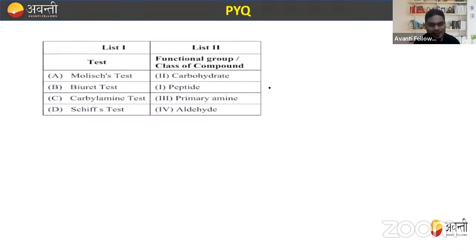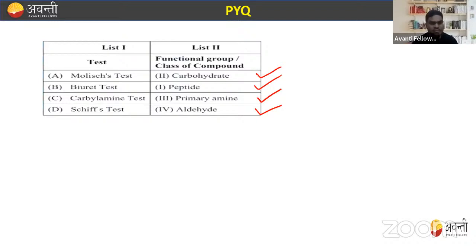We know that the carbylamine test is used for primary amines, right? Similarly, the Schiff test is used for aldehydes, the Biuret test is used for peptides, and the Molisch test is used for carbohydrates, right? So these are the tests basically used for the following functional groups. This is how you can remember it. So this is the correct match of list 1 with list 2.